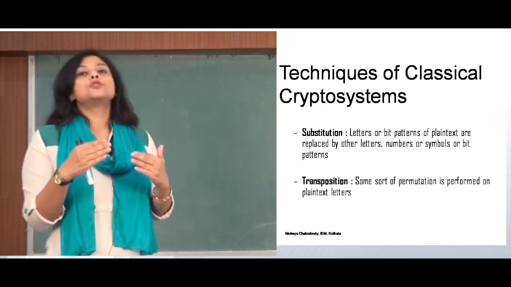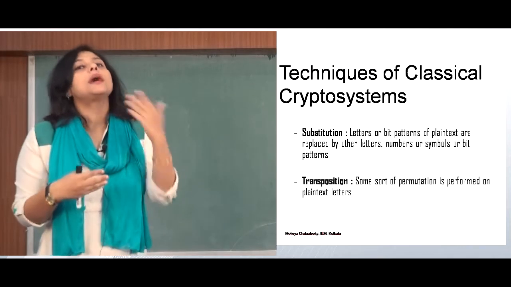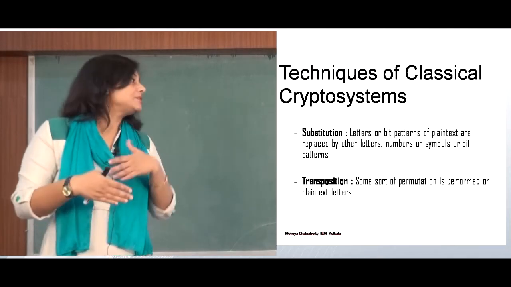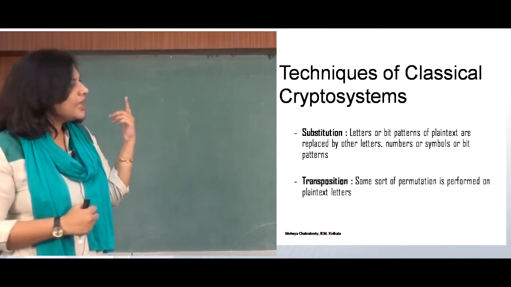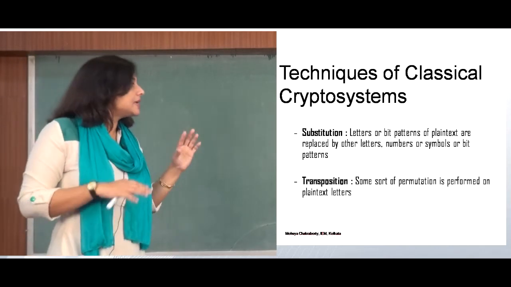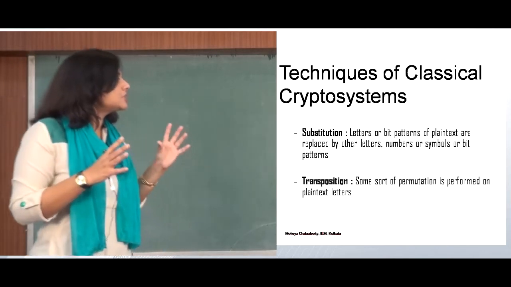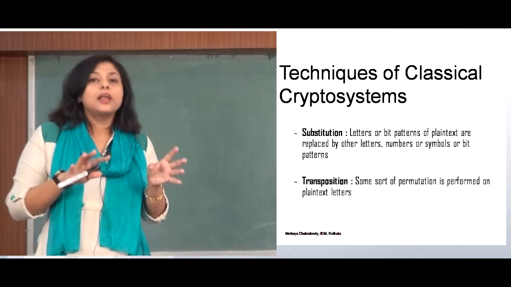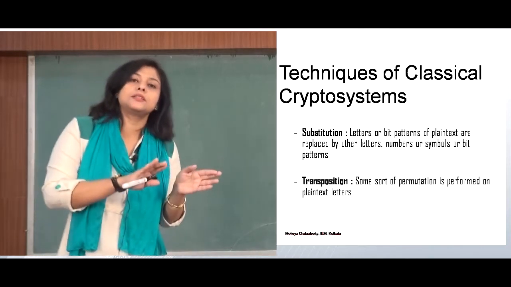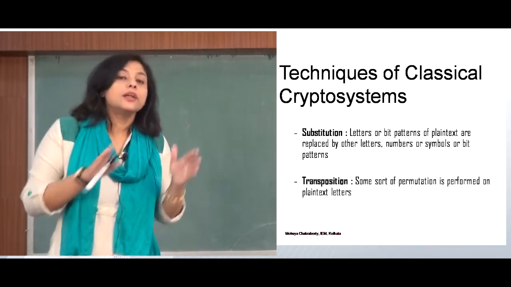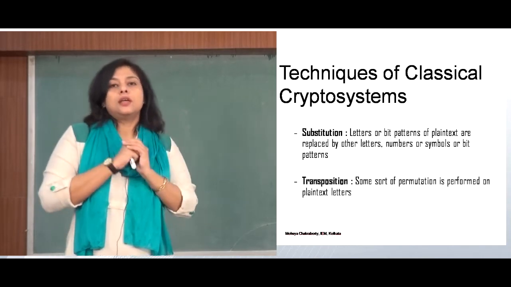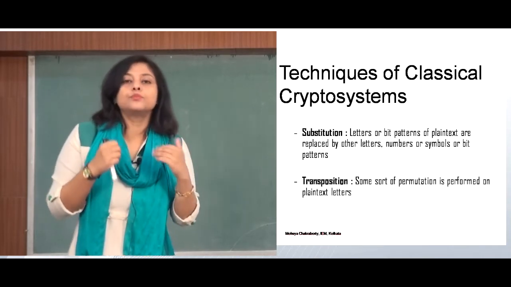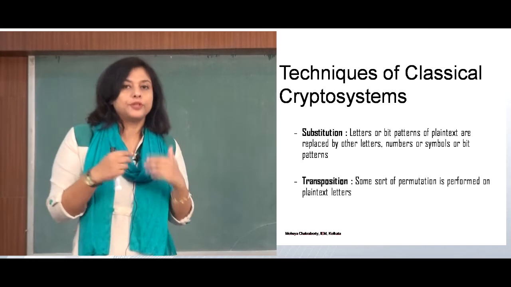That is called substitution, because one letter is replaced by another letter or one bit by another bit. In the transposition technique, some sort of permutation is performed on the plain text letters. Here, we are not converting the plain text letters to other letters; rather, we are rearranging them by some sort of permutation to form the ciphertext.